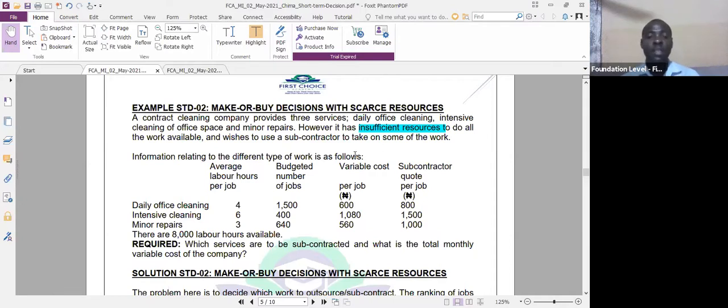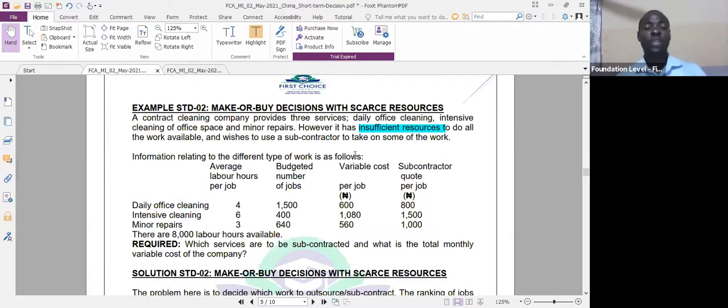All right? And it wishes to use a subcontractor to take on some of the work. So we want to know which work could be subcontracted and how much it is going to cost the company. Because you don't want to subcontract something to an outside company and you are spending too much.